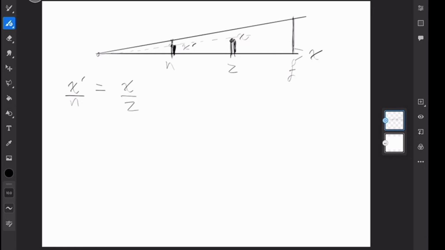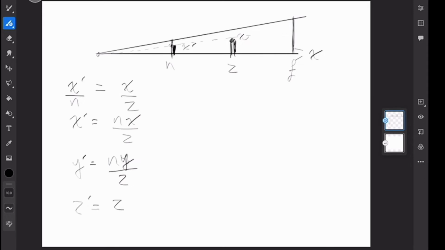We can then transform this, multiplying on both sides, and we get x dash is equal to near times x over z. And similarly, y transforms to near y divided by z, and z transforms to z.